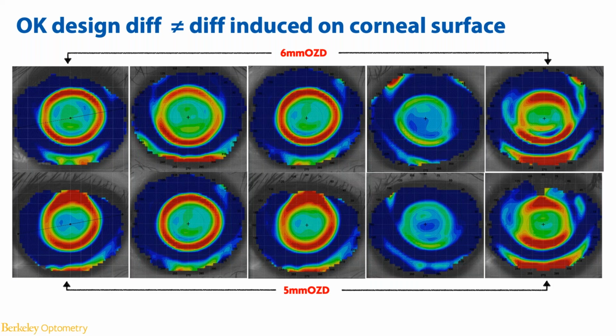But if you pay closer attention to the top row, which are the same eyes wearing the 6 mm OZ, you can see at least for the first three with the larger treatment area, they tend to have a slight undercorrection at the corneal apex as compared to the 5 mm counterpart. So the number one indication I would use for a 5 mm OZ for troubleshooting is those who had a slight pseudo-central island with a 6 mm CRT.